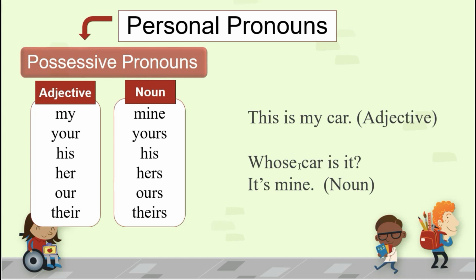So the car has taken the form of your car, so it turns to mine, that is noun. You, yours. His, his. Her, hers. Our, ours. Their, theirs. Please keep in mind that there are no apostrophes before S.